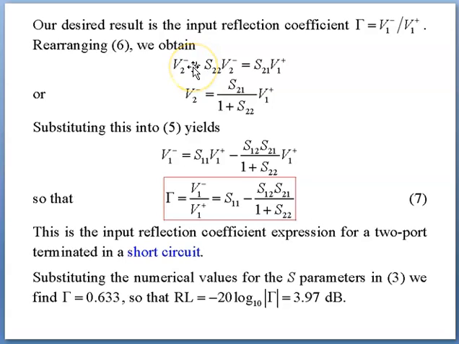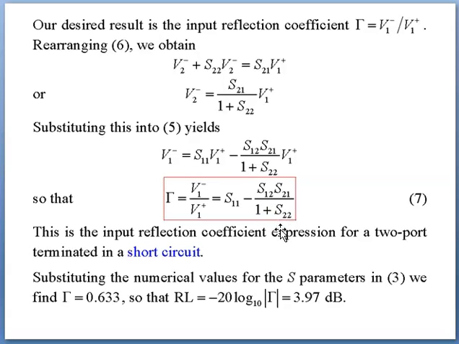Now rearranging all these equations, finally you will have the reflection coefficient equal to V1 minus over V1 plus, which is equal to S11 minus S12 S21 over 1 plus S22. So this will be the input reflection coefficient expression for a two-port terminated in a short circuit.